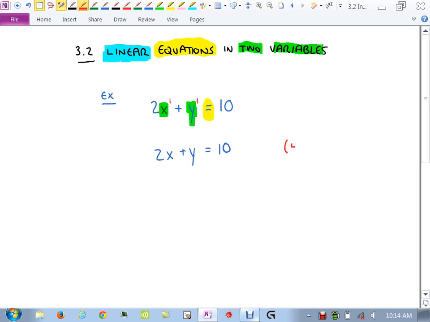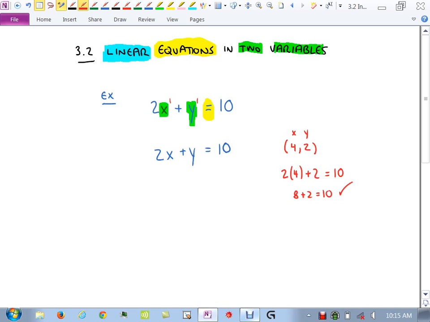If I say x is 4 and y is 2, would it be true? Let's try it. It would be 2 times 4 plus 2 equals 10. Y'all see what I'm doing? Replacing the x with 4, the y with 2. That would be 8 plus 2 equals 10, and that's true. So I just found a solution to that, didn't I?